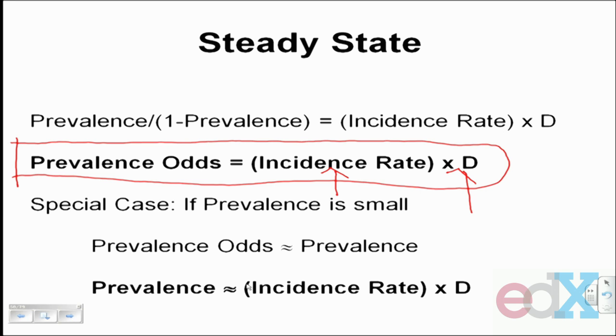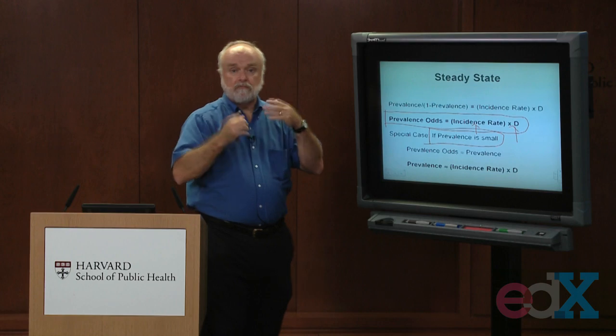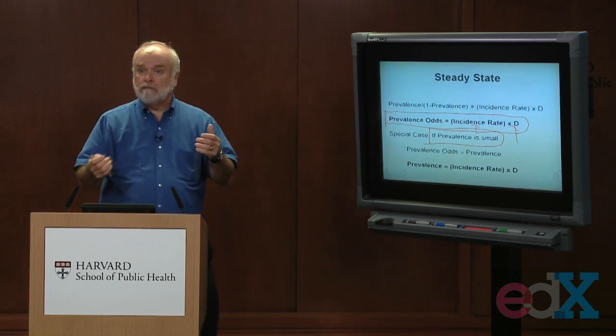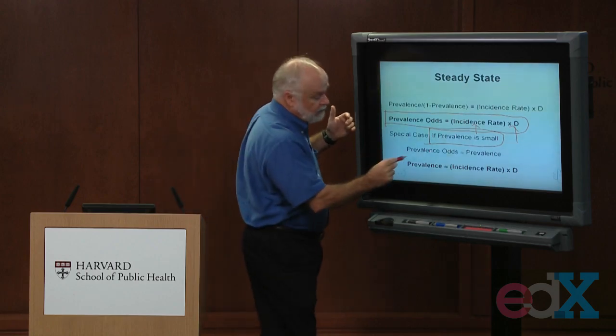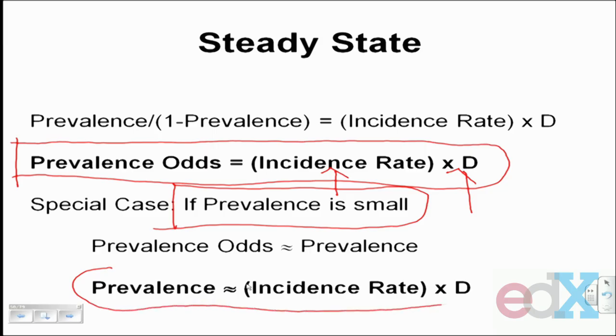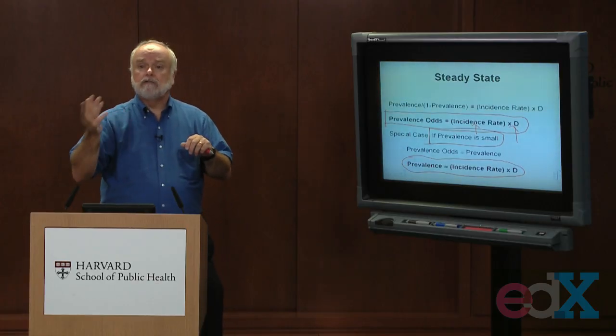So if you have a small prevalence, say less than 10%, this general formula that says prevalence odds is equal to incidence times duration can be re-expressed more simply by saying prevalence itself is approximately equal to incidence times duration. And this is the one you might see more often cited in introductory epidemiology books to describe the relationship between incidence and duration and prevalence.